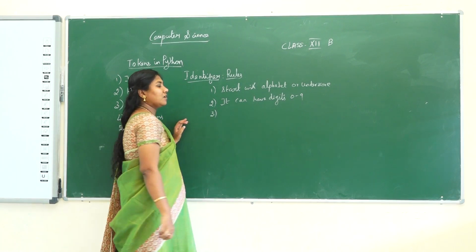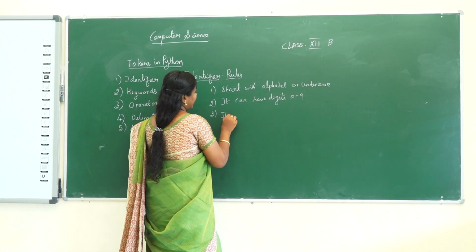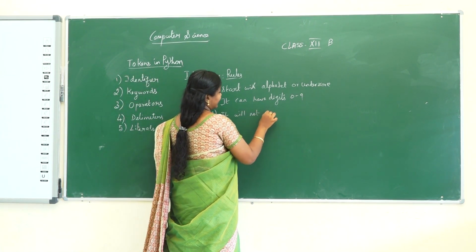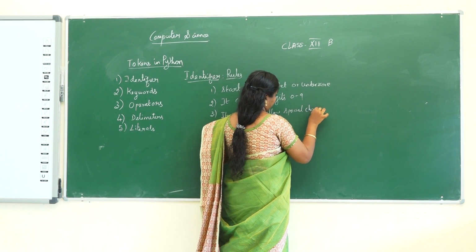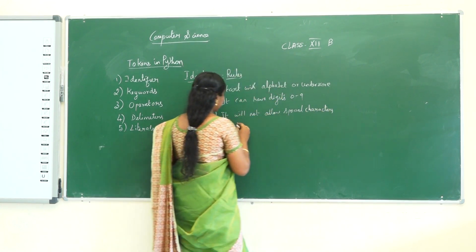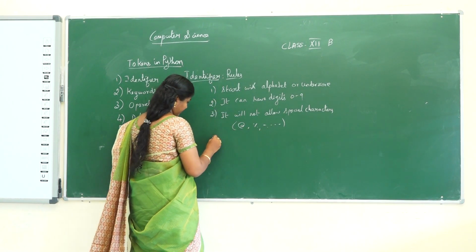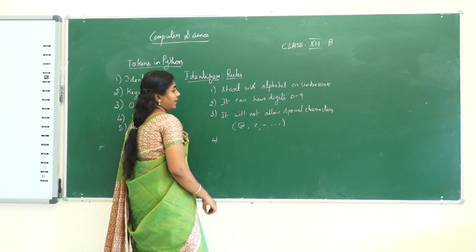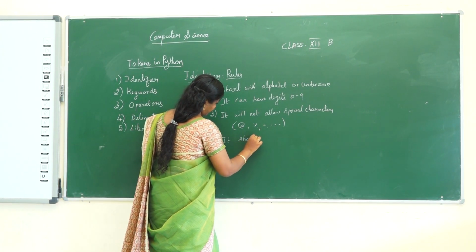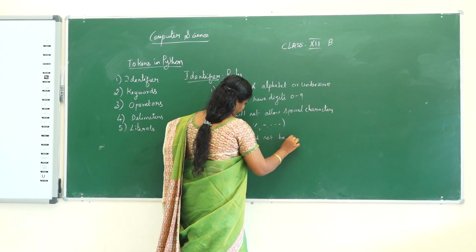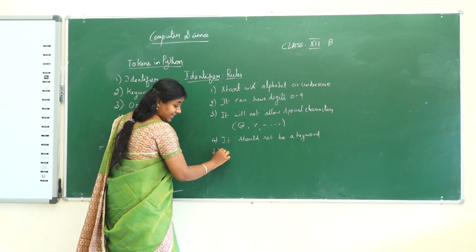And the third one, it will not allow special characters, such as the at symbol, percentage, hyphen, etc. The fourth one, it should not be a keyword. And the fifth one, it is case sensitive.